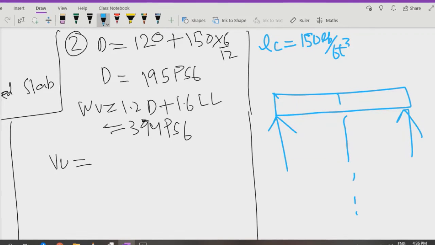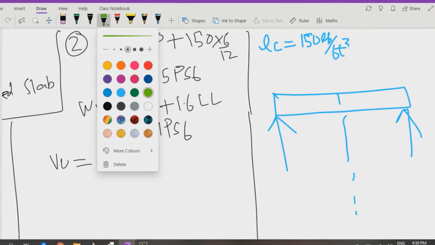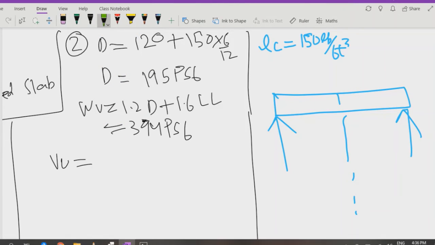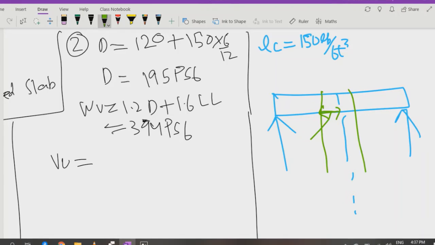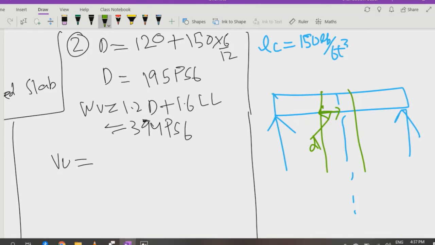According to the ACI code limitations, the critical section is not at the center, it is at this point, and this distance is at a distance d from the center. This distance is d.